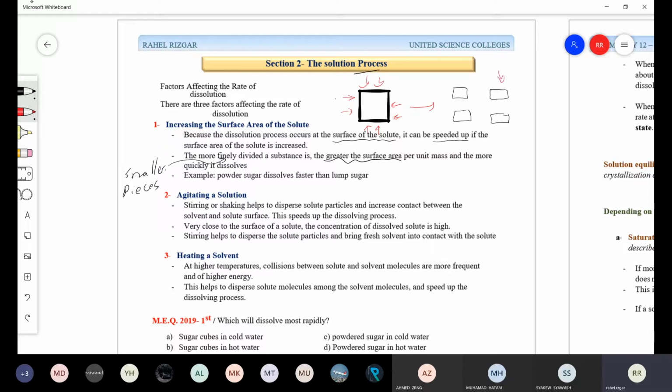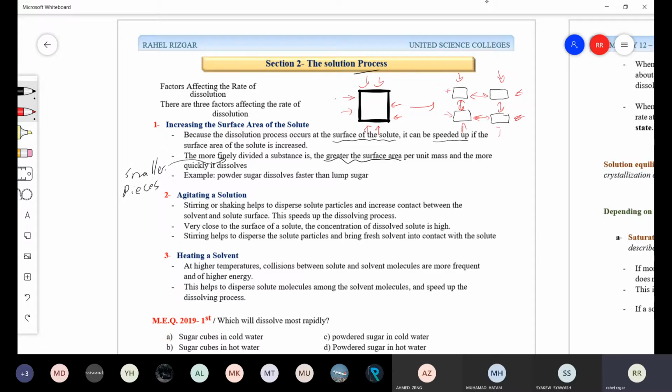Now we have contact from the surface of the cube also, and there are some surface areas which are increasing, and some solvent can also get into contact with the solid. Now more surfaces are increased. We call this breaking down of a particle into smaller pieces increasing surface area.